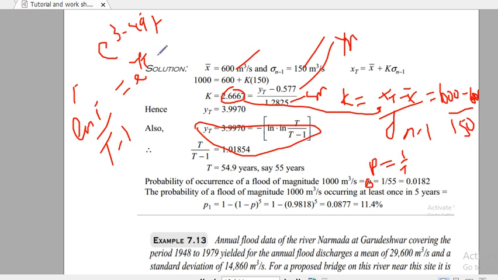3.997. So it is a constant value. Then there is also a ln. So t over t minus 1 is equal to what? Natural logarithm, exponential, is the power of what? e to the power of yt.